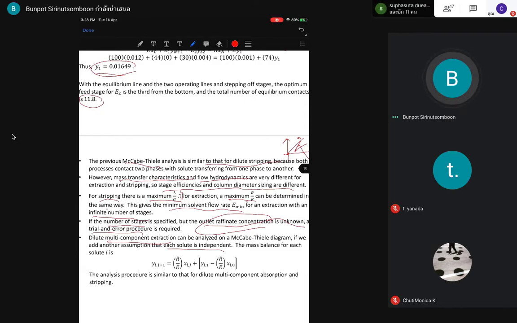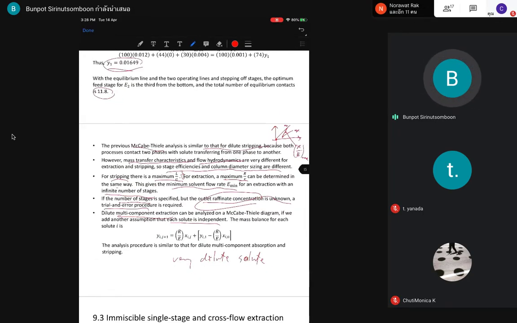Of course, this technique only works when you have very dilute solutes. So it's quite similar to stripping.